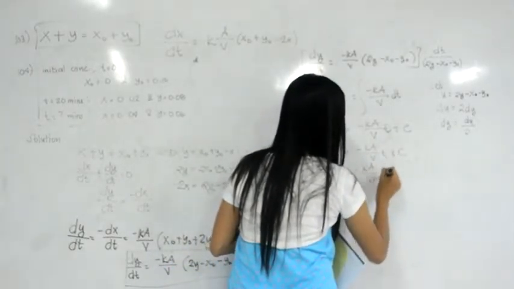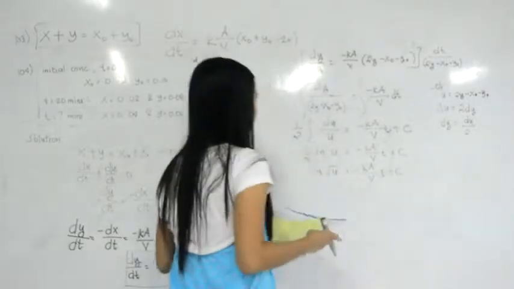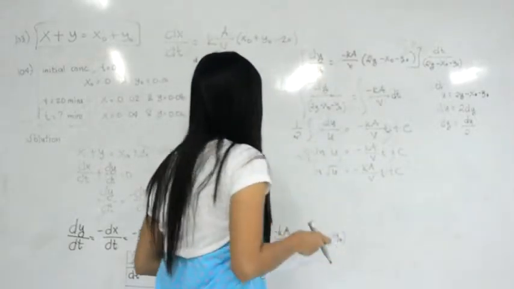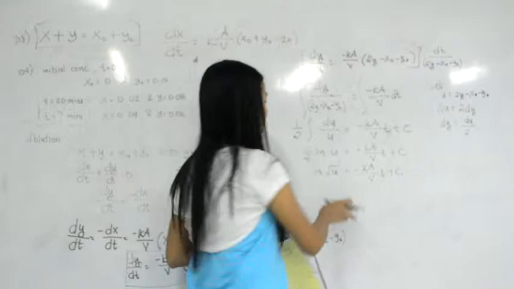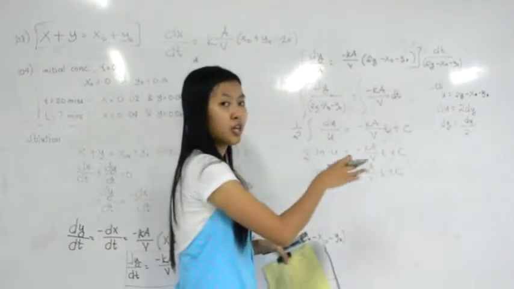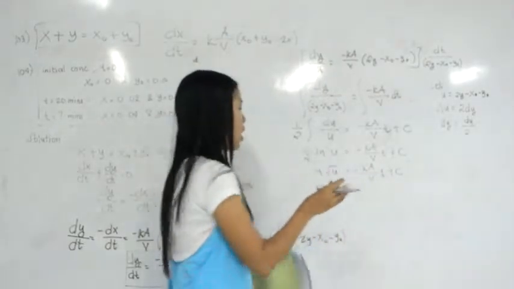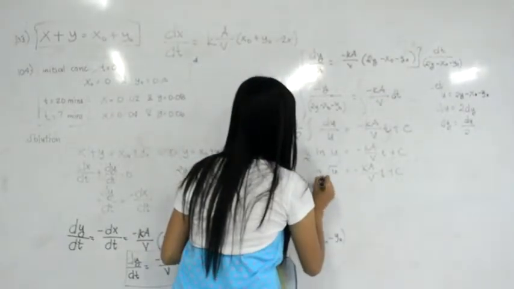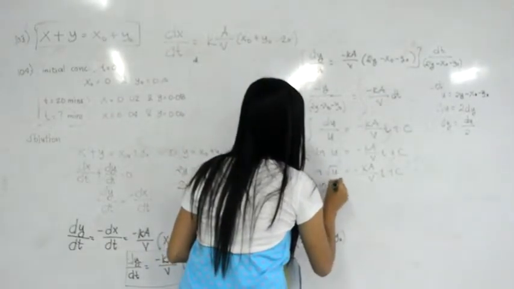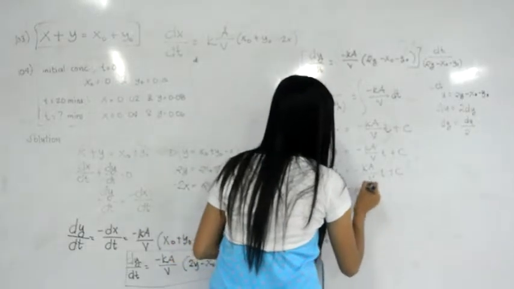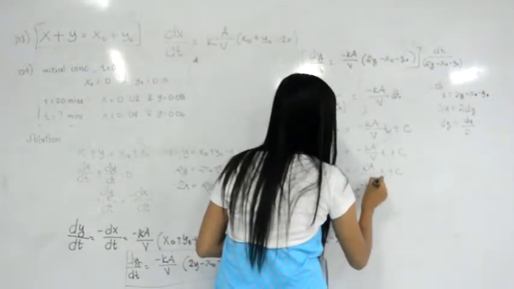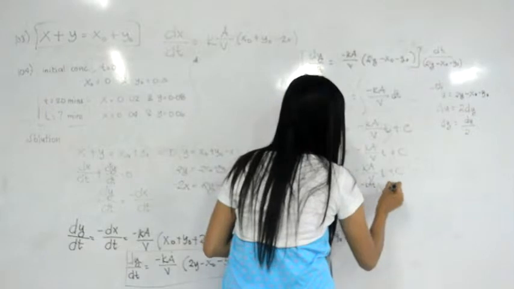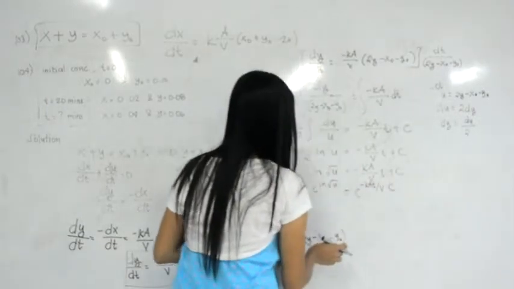Copying this side, we're going to be raising each term to e for us to remove the ln. So e to the ln of square root of u is just equal to e to the negative KA t over V times c.